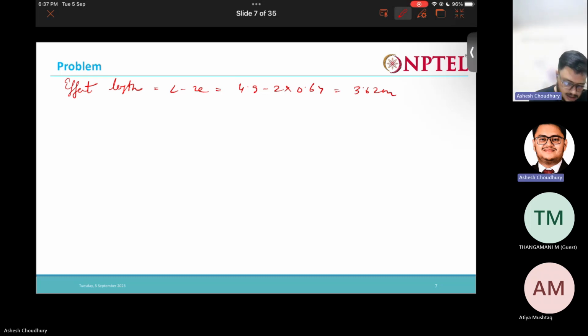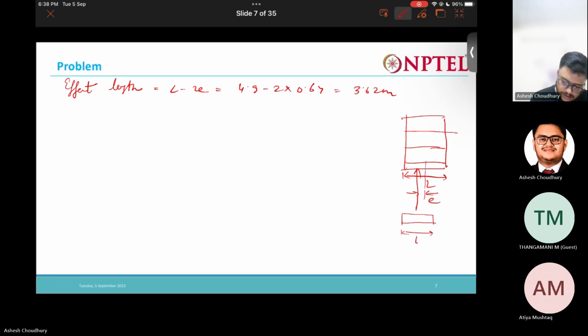Say this is the reinforced soil block, and this is L. It will have some eccentricity, so the effective width will get reduced from L to Le.